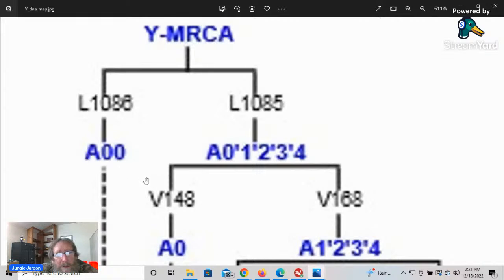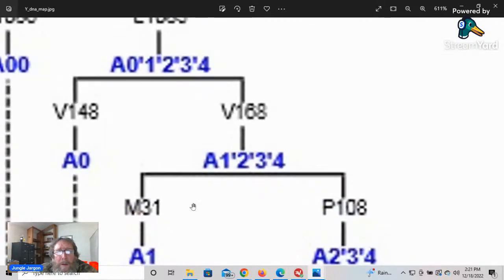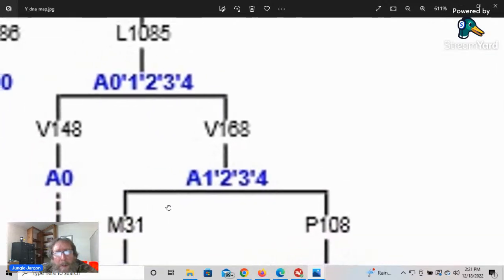But this A00 is a Neanderthal or Denisovan, and this V148 is a Denisovan or Neanderthal. And only when you get to the A1 is it actually a modern human, or today's humans, that share these markers here.